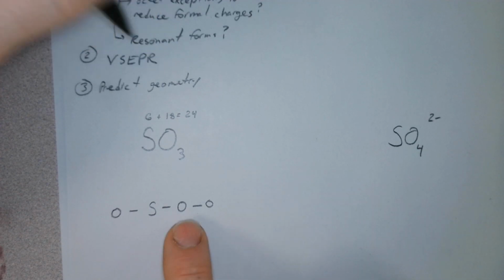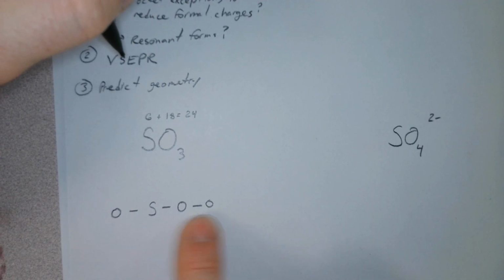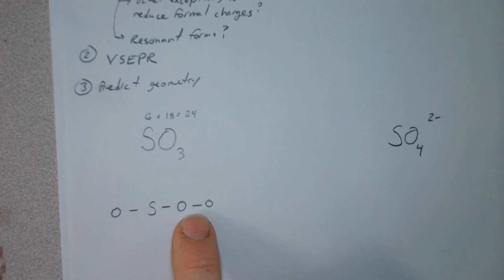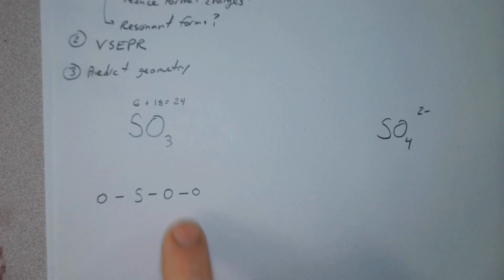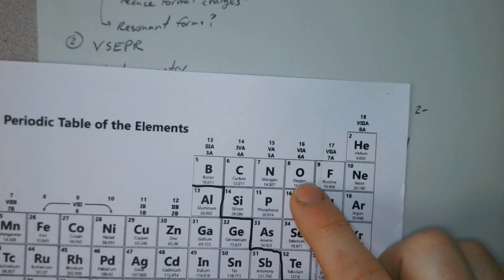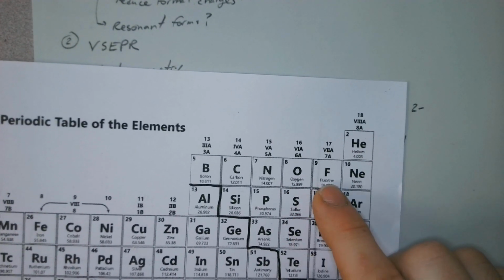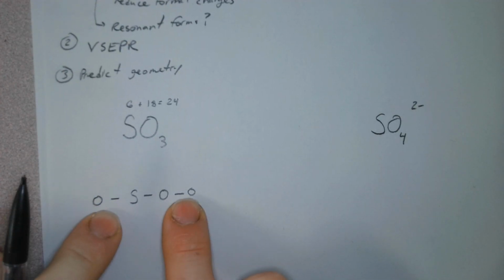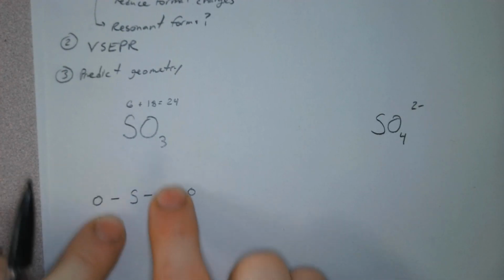Now, one thing that I didn't mention, it's best to avoid these types of situations, and it has to do with the idea of something called steric strain. Yes, that's a real thing. Electronegative elements like oxygen, chlorine, sulfur, if there's more than one of them, best not to put them in a line. They don't like that.